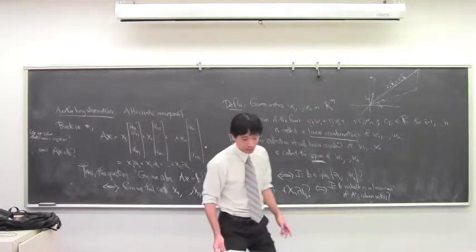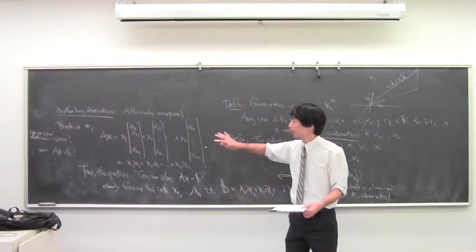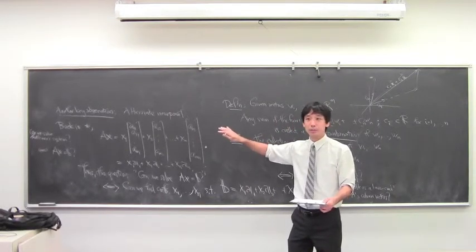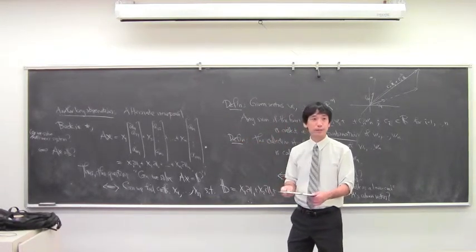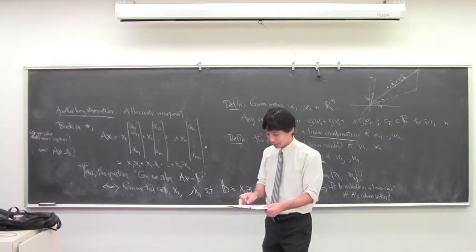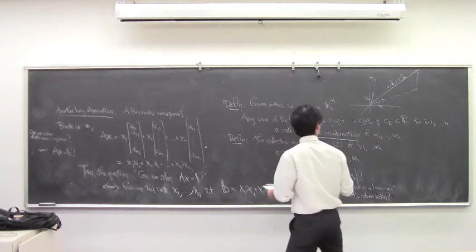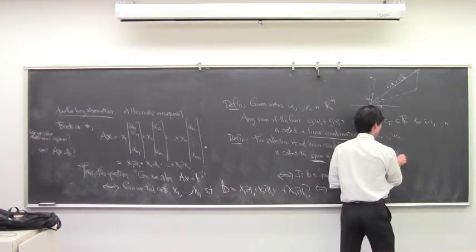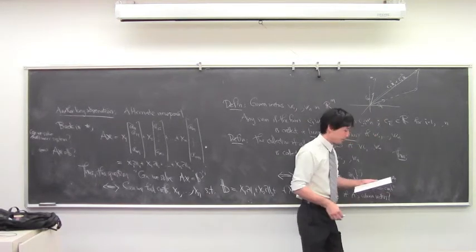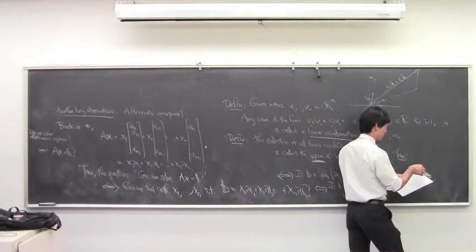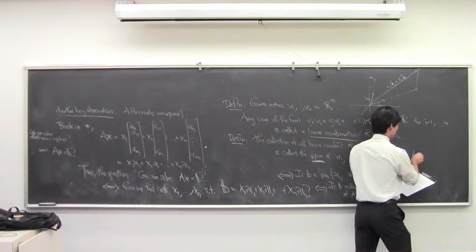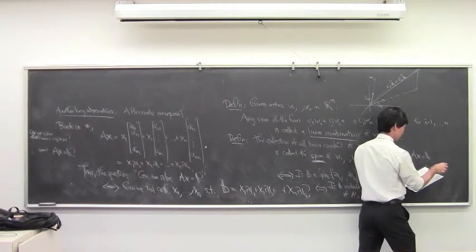Okay, so we're taking our original question about systems of linear equations and then changing our viewpoint. So I'm going to put up a theorem that is basically completely obvious, though it's in the book.